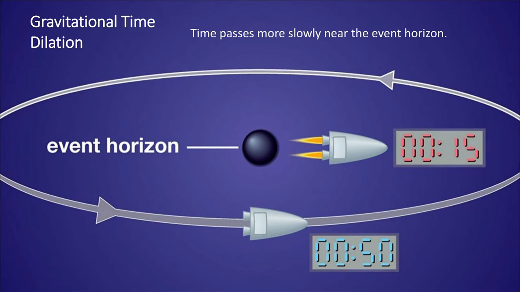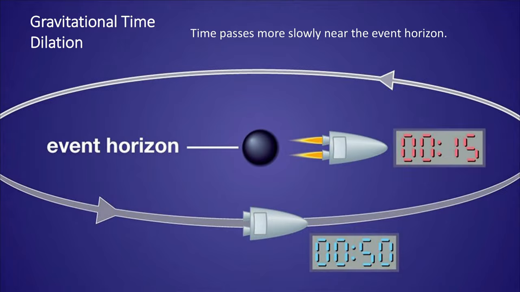If you stay far away from the event horizon, your time is going to pass normally, but the closer you get to the event horizon, your time is going to be dilated. So the time that you experience, or your clock, is going to tick at a different rate than the people who are not near the black hole.